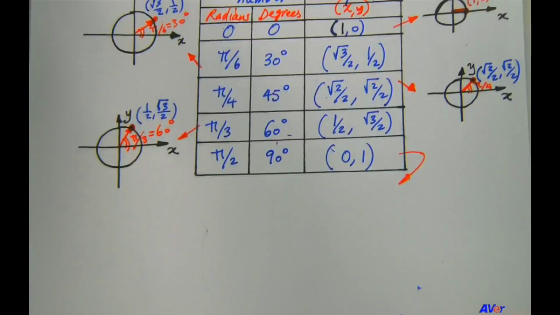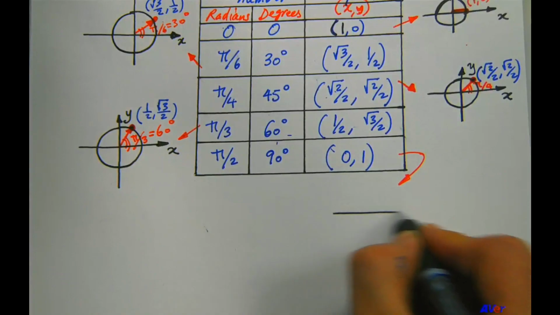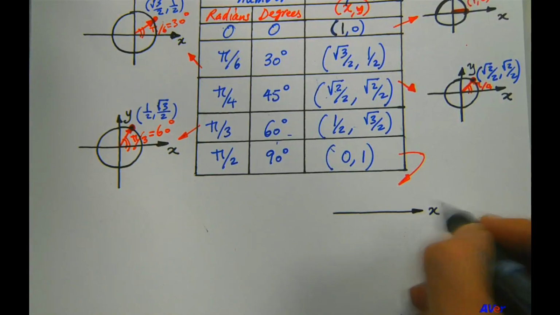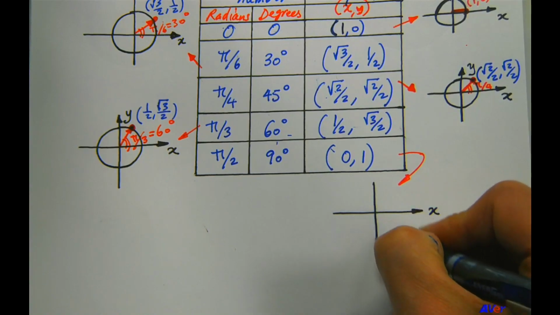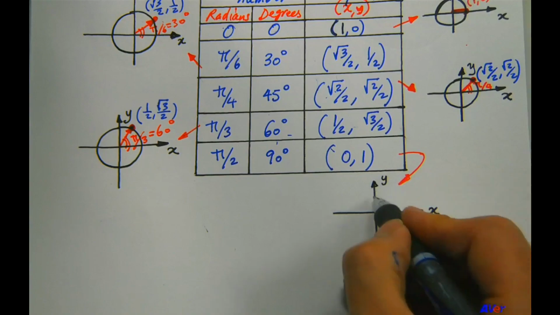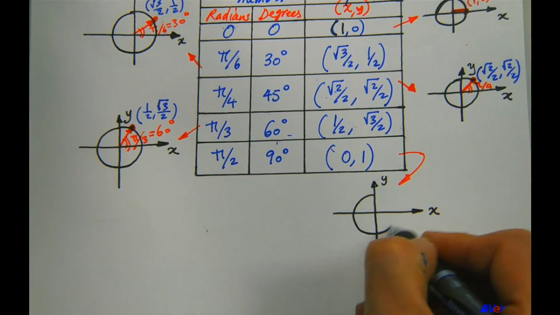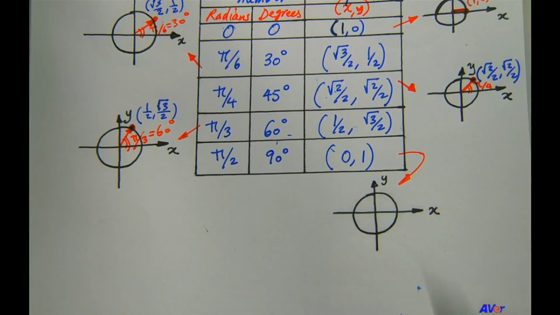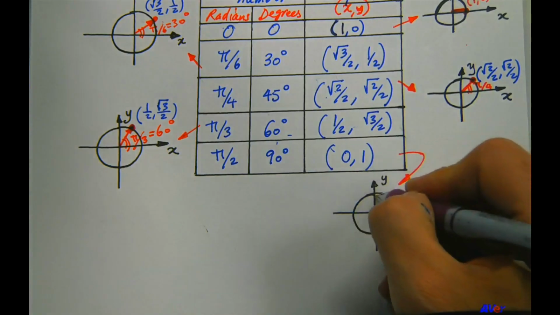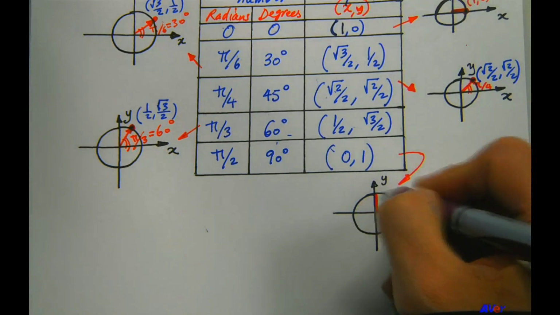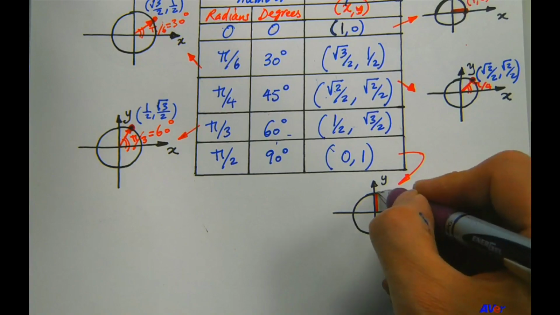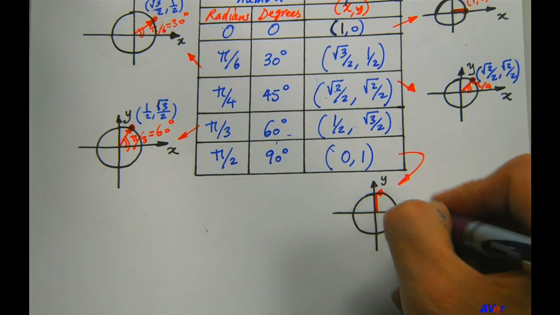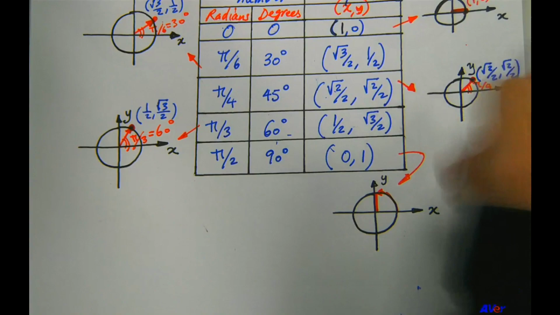And of course, probably the easiest of them all is this one for the 90-degree reference angle. So we have the x and the y-axis. And here's our unit circle, like that. So we're tracing from here to here, right?